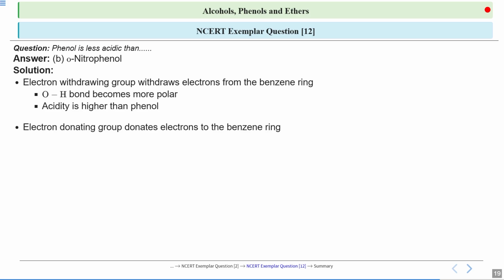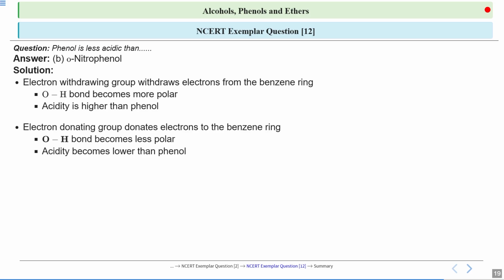And if an electron donating group is attached to the phenol, then it is going to donate electrons to the benzene ring. The benzene ring is already electron rich, and if any electron donating group is attached to it, it will donate its electrons towards the benzene ring, and the OH bond will become less polar. In that case, what will happen?